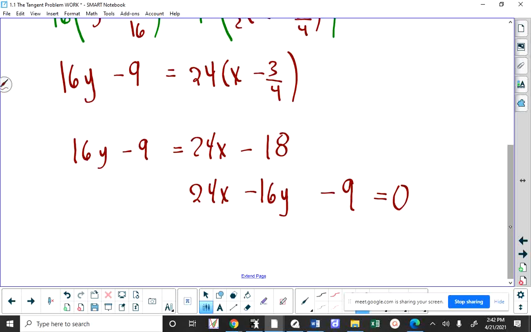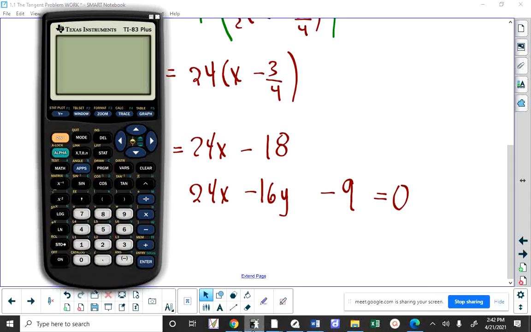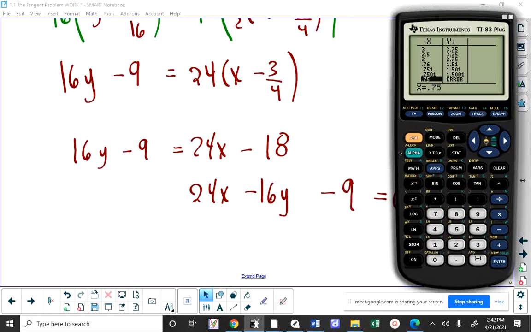Now I want to discuss some things with you. We're done the lesson, right? But I want to discuss some things with you. One of them is that if we go to y equals and we clear it out and we put in the function, I used to not show students this until the course was almost over, but you have to be able to do the work on paper anyway, and this is only a way to check your work.